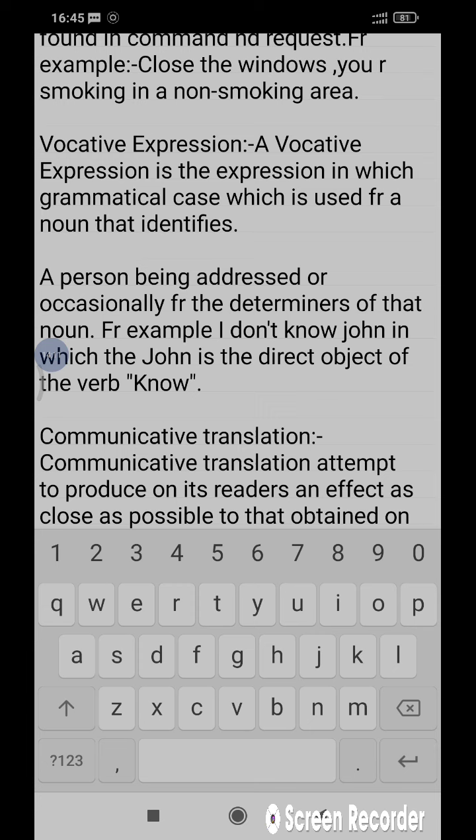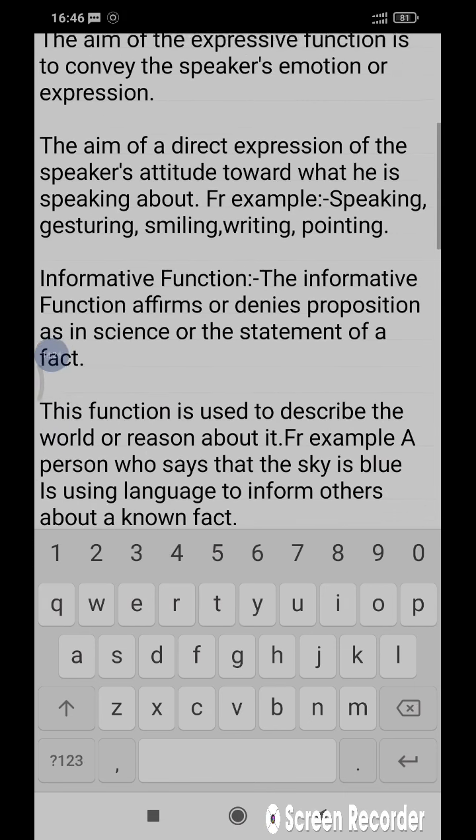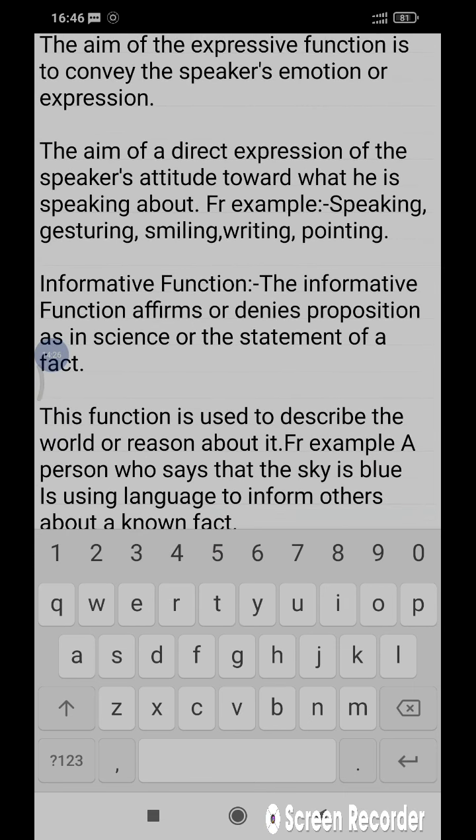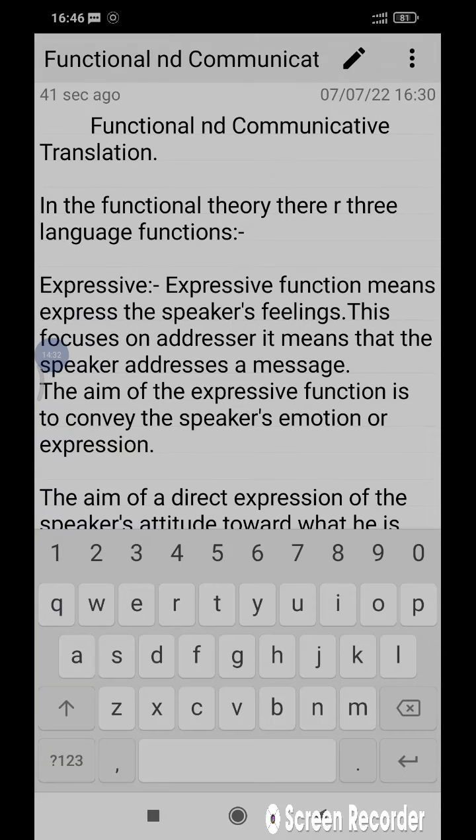So this kind of translation process, from one language to another, has so many expressions and so many functional languages. As I have discussed with you, you have to explain all the points in a deep manner.